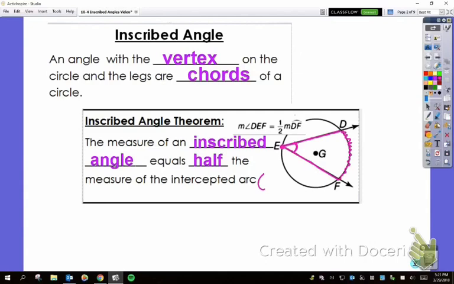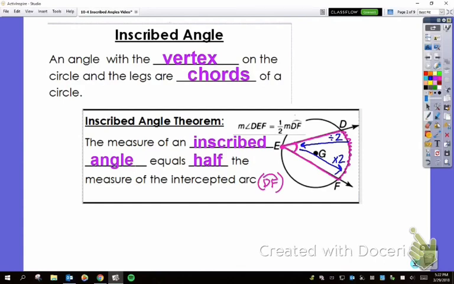If the angle is half the measure of the arc, then when we go from the arc to the angle, we are dividing by 2. If we're going from the angle to the arc, then we would be multiplying by 2.